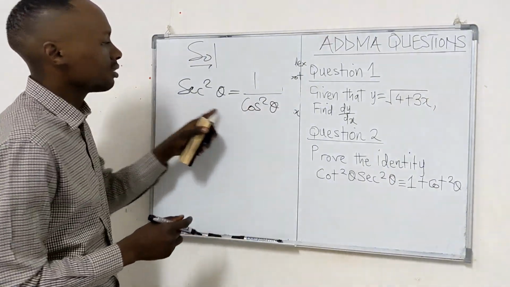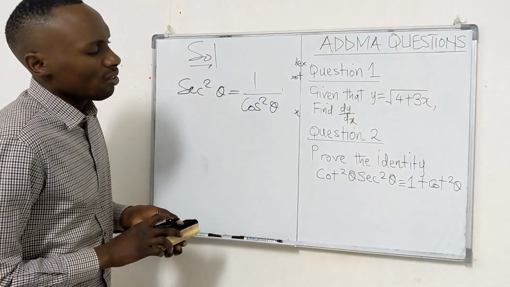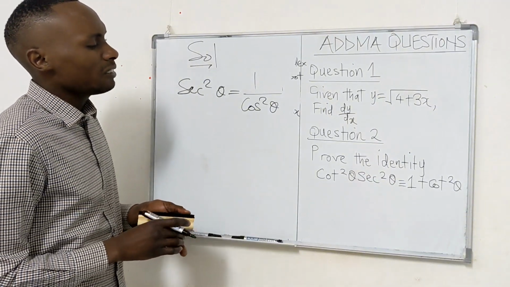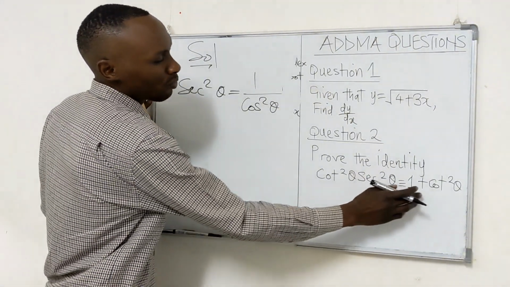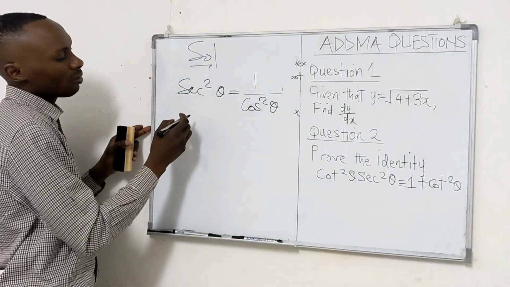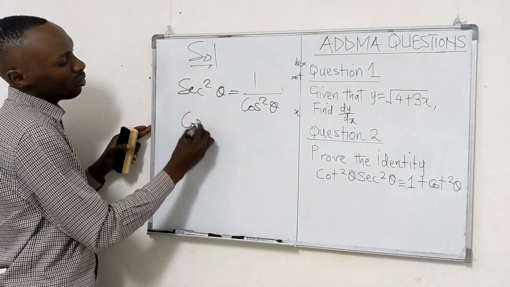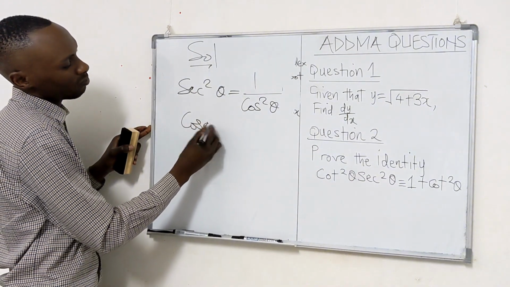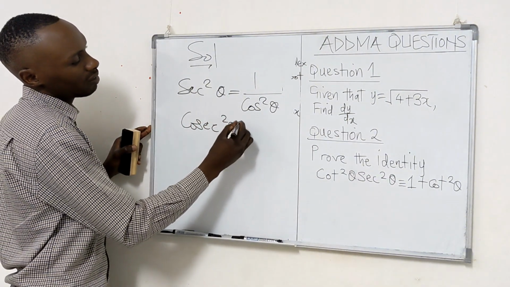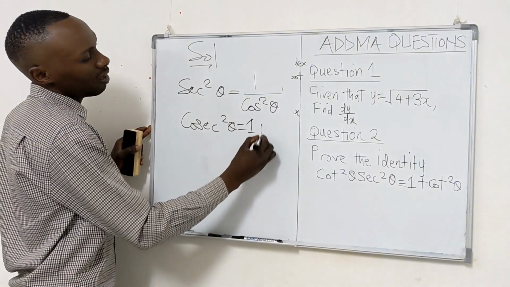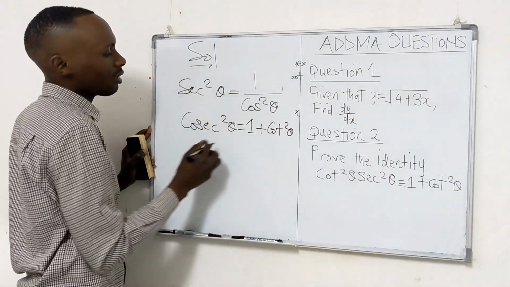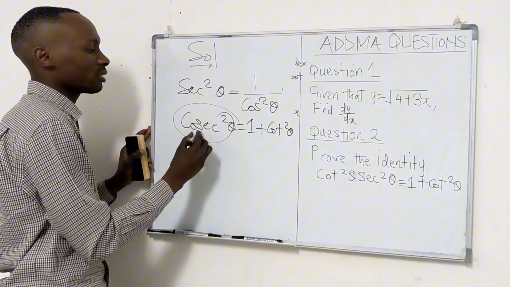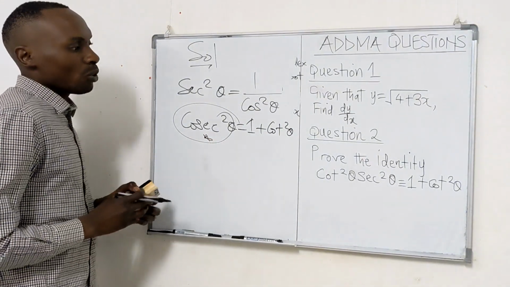Then the identity that I want us to remind ourselves of is cosec. Cosec squared theta is the same as 1 plus cot squared theta. So we need this at some point. Okay, so that's what we have.